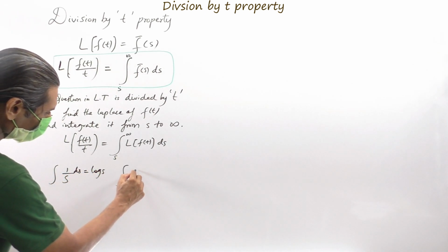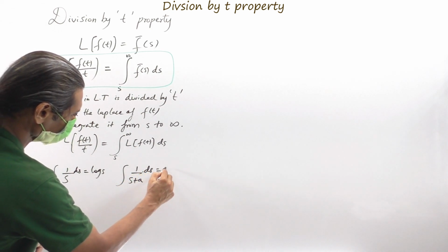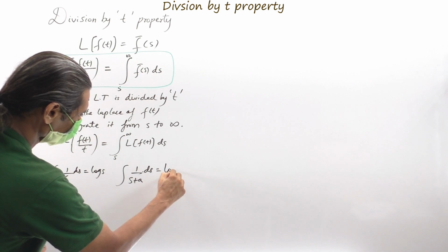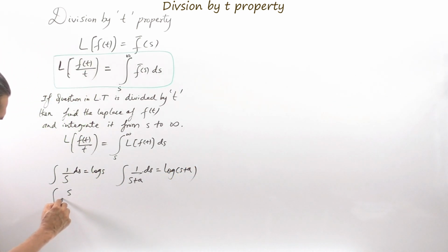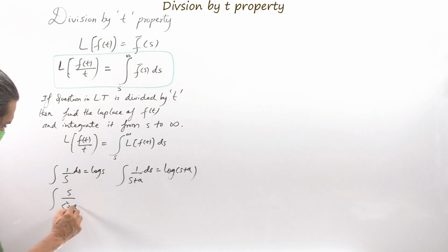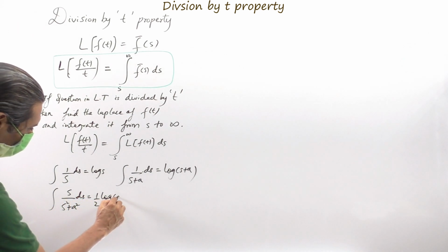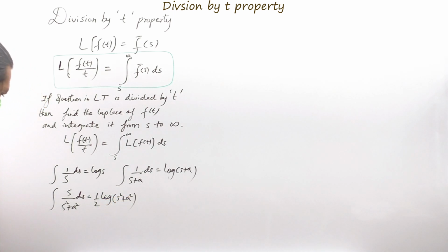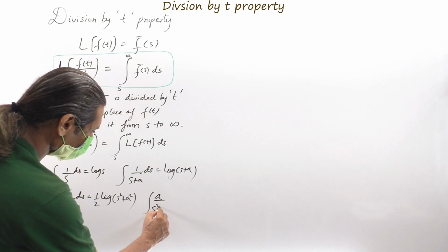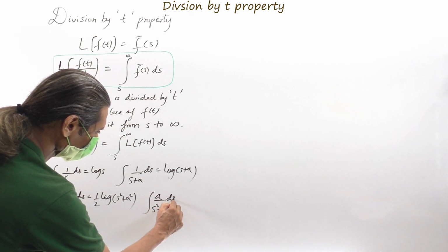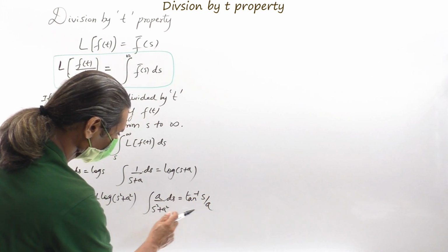Then integration of 1 by s plus a ds is equal to log of s plus a, and one more is integration of s by s squared plus a squared ds will be 1 by 2 log of s squared plus a squared, and the last one used here is integration of a by s squared plus a squared ds is equal to tan inverse of s by a, that is all.